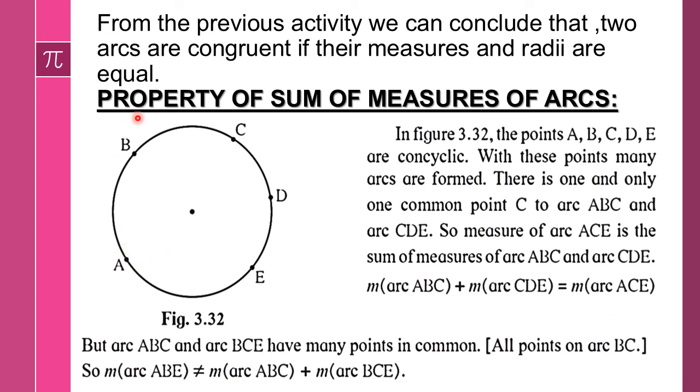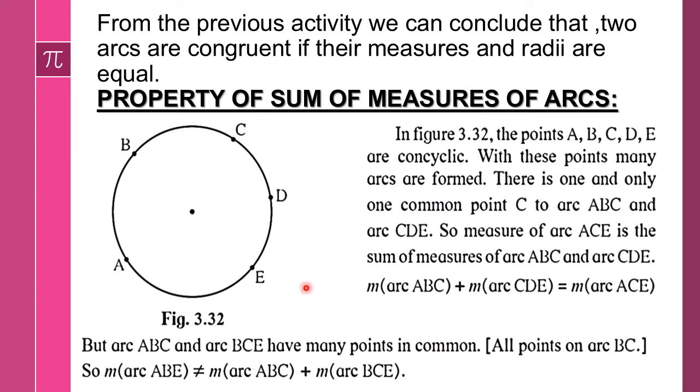Now AB is formed, BC is formed, CD, DE, CDE, ABC, AED, ADC. So many arcs are formed. Now there is one and only one common point C to arc ABC and arc CDE. So here if you see arc ABC and arc CDE, C is the common point. C is a single common point to both the arcs, correct?